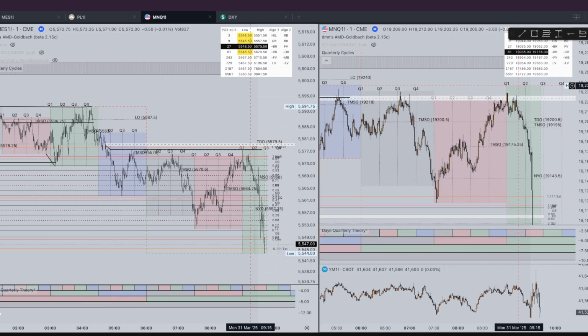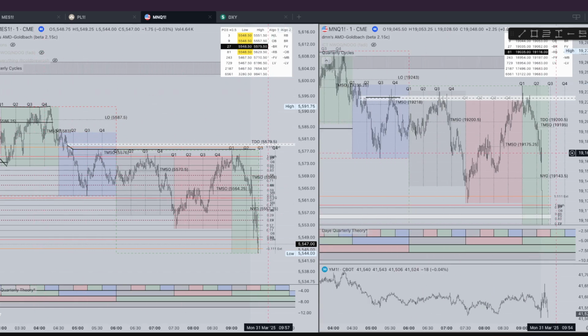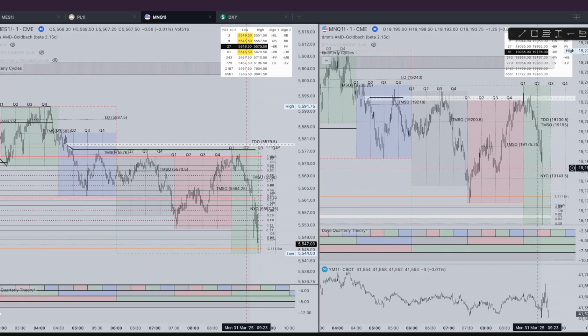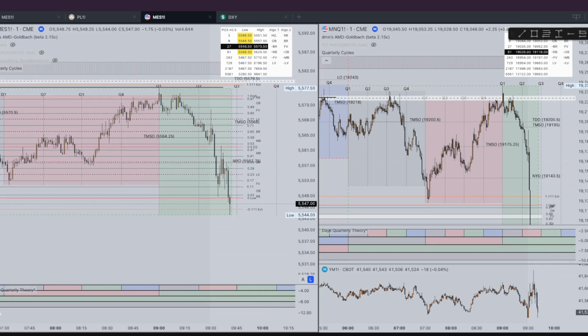See, again, here it went back above. It has been manipulating the session highs. ES has not been manipulating like that, right? So that's why the failure swing asset is the asset to trade.